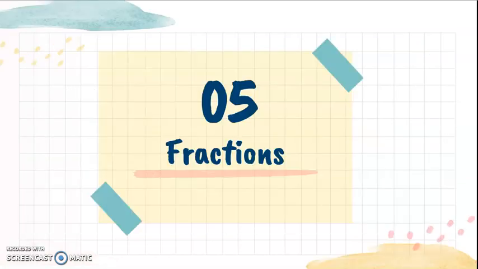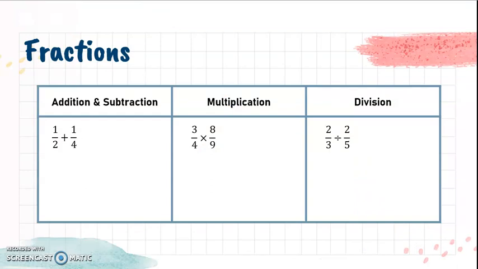Okay, so let's move on to our last subtopic, which is fractions. So fractions always involve a denominator and also a numerator. Okay, so how do we add, multiply or divide a fraction? So let me show it to you. In this case, we have a half plus 1 out of 4.